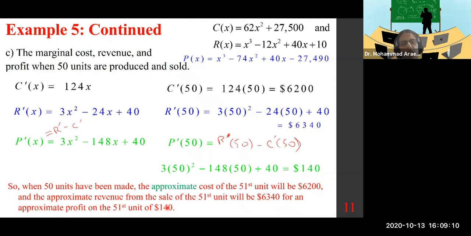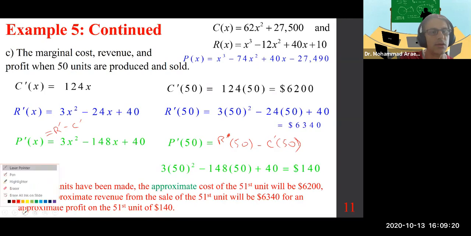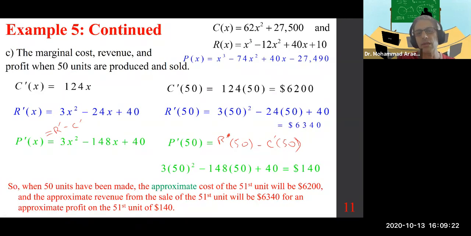Now, can we come up with a number where we can evaluate and see what happens? This one, class, you can calculate on your own and see that it's almost the same. So the cost for the 51st unit is C of 51 minus C of 50.